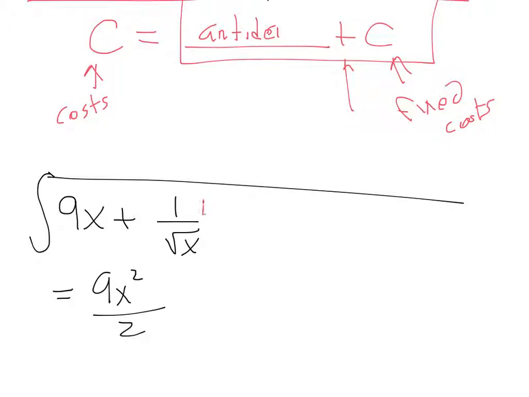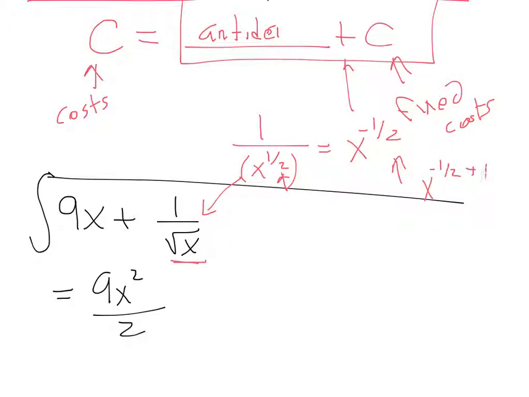Let's do it in steps. So in other words, if I bring that to the top, you see, Kyle, what I did is I made this the 1/2 power. You're okay with that? Then I brought it up here to the top because now I know my rule says to add 1 to the top.